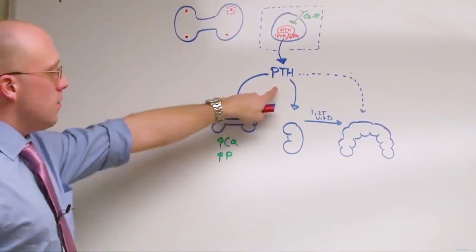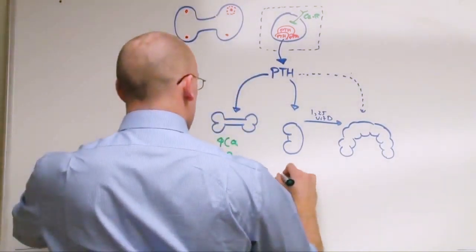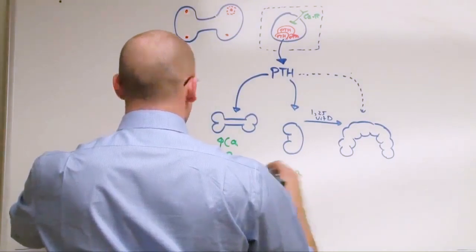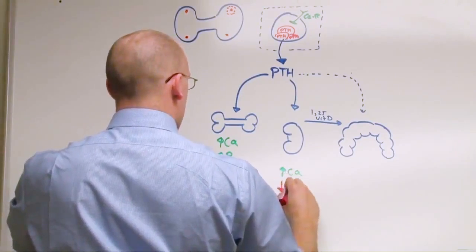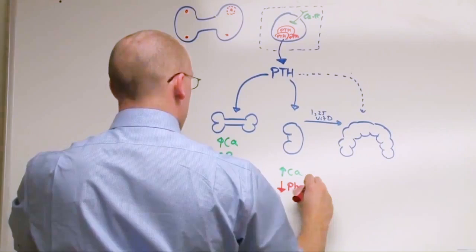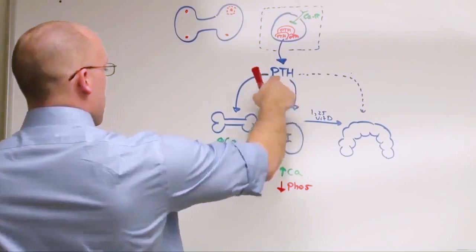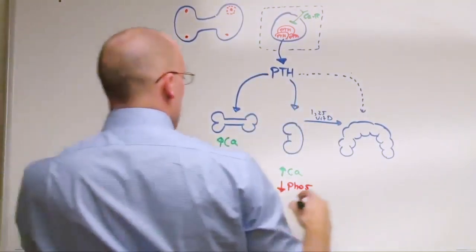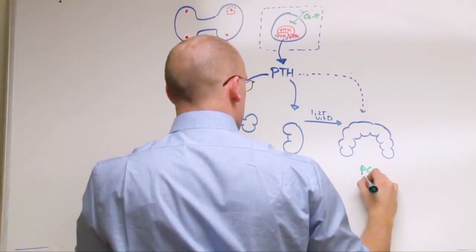In the kidney, parathyroid hormone is going to cause reabsorption of calcium and the excretion of phosphorus. In the gut, vitamin D, under direction of parathyroid hormone, is going to cause absorption of both calcium and phosphorus.